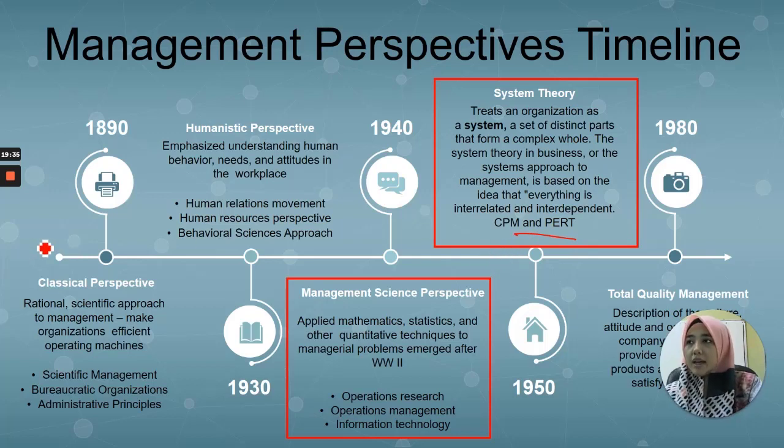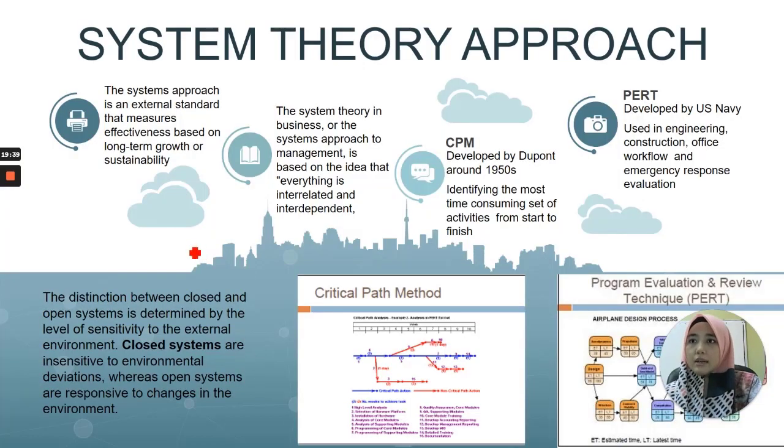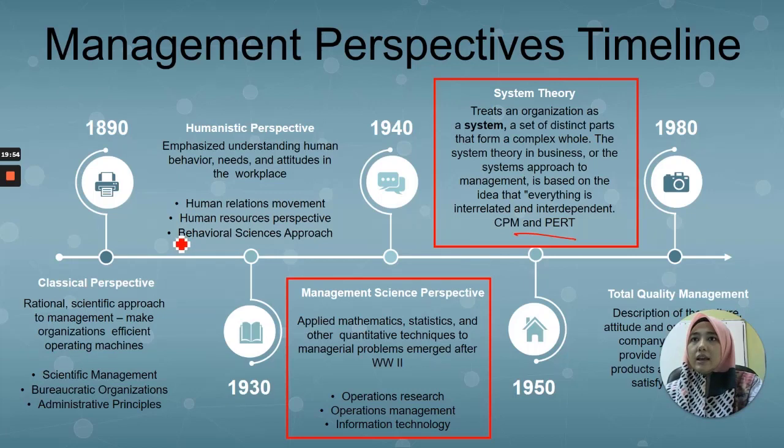Dalam masa yang sama, dia tidak melupakan tentang the humanistic approach lah. Okay. Ada dua perkara penting dalam system theory approach, which is the CPM and the PERT. CPM is the critical path method, and PERT is the program evaluation and review technique. Okay.